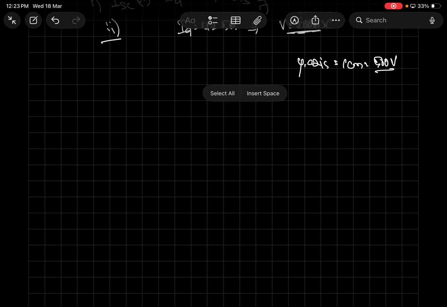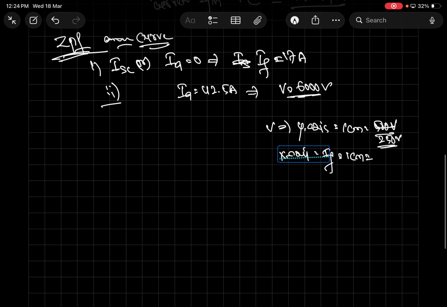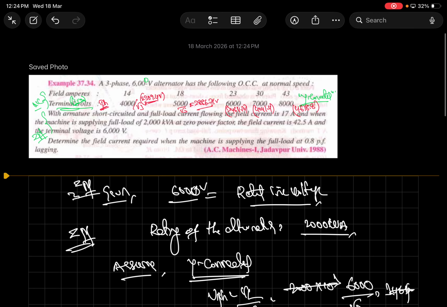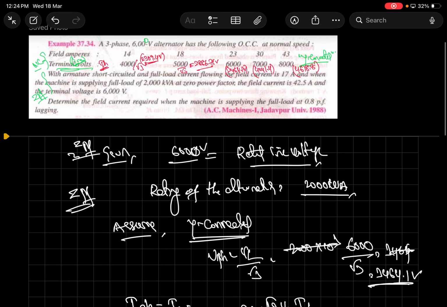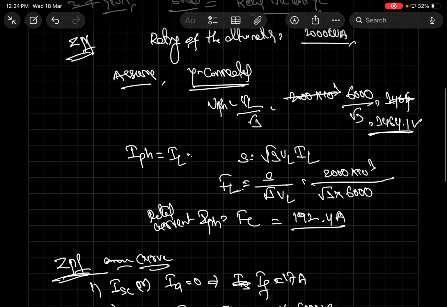Or else 250 is also acceptable. To get better accuracy, we'll take 250. On the X-axis, it is IF. 1 centimeter equals what value here? The maximum value is 43, so we'll try to consider it in terms of 5 amps.